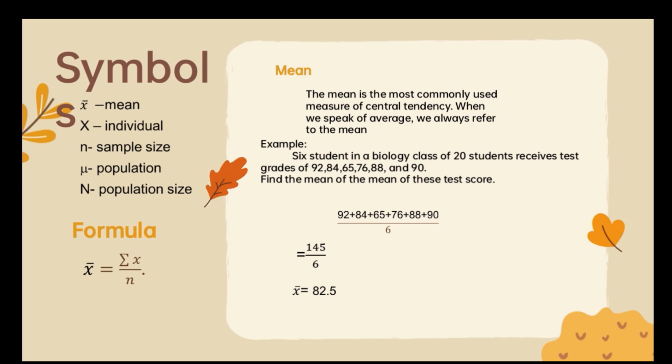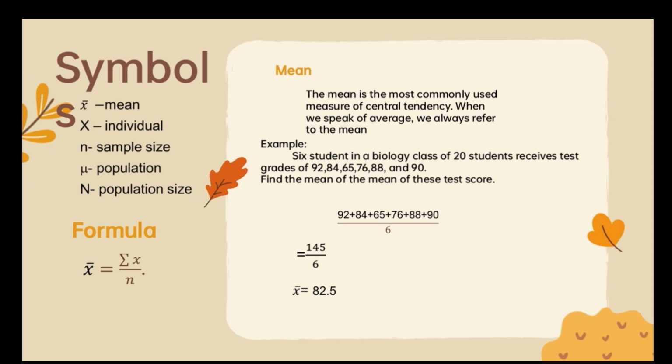But first, we will discuss the mean. So what is the mean for ungrouped data? The mean is the most commonly used measure of central tendency. When we speak of average, we always refer to the mean. It is calculated by summing up all the data points and dividing by the number of data points. It provides the arithmetic average of the data.